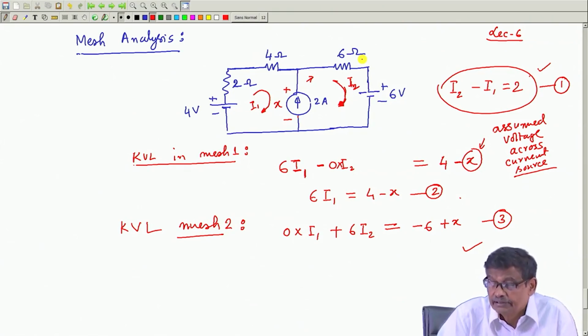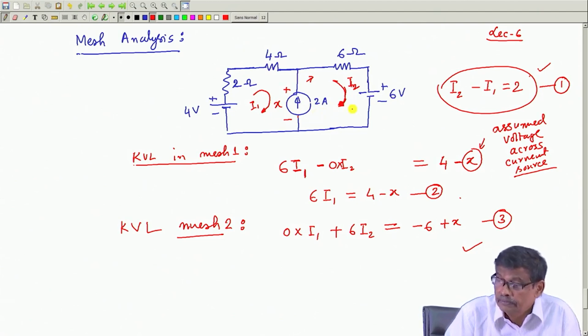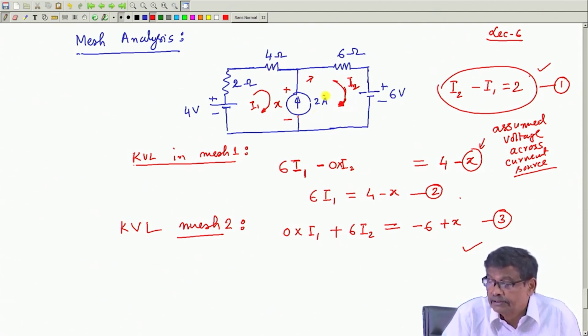As in this simple example, we see I 1, I 2, they are of course related by this current source, simple equation I 2 minus I 1 has to be 2, and then voltage of this current source is unknown.